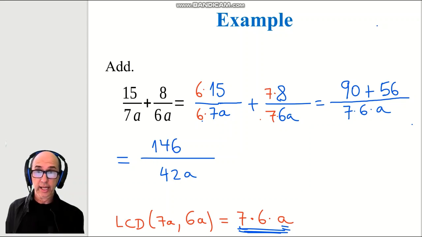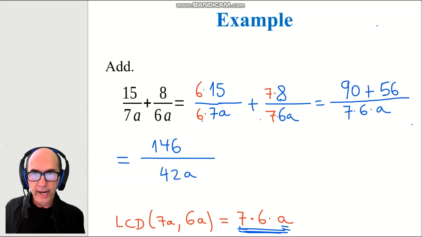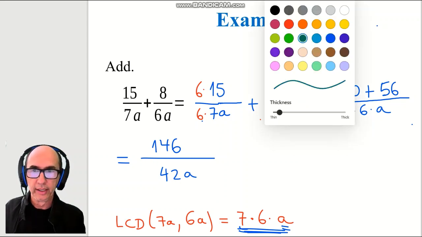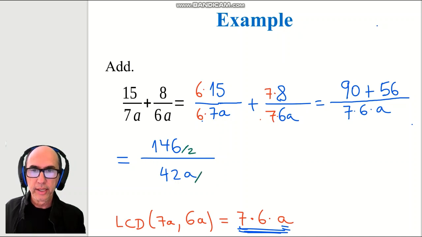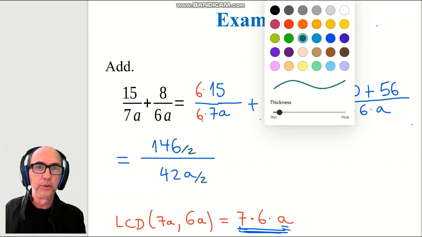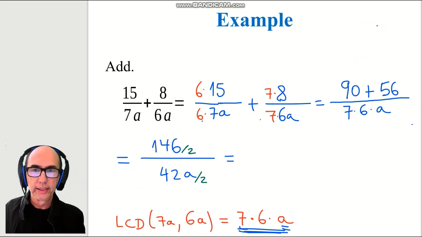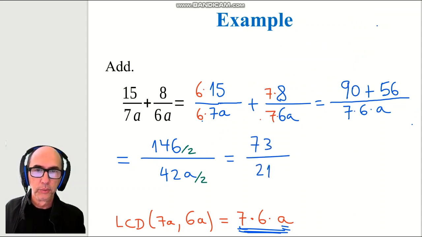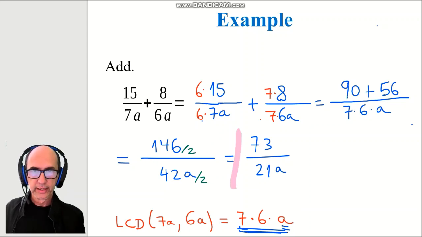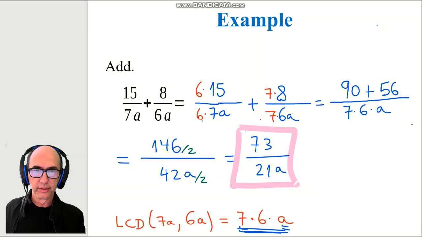This is the answer, but not the final answer. We still can simplify. We can divide both numerator and denominator by 2, and then we get 73 over 21a. Yes, now this is the final answer.